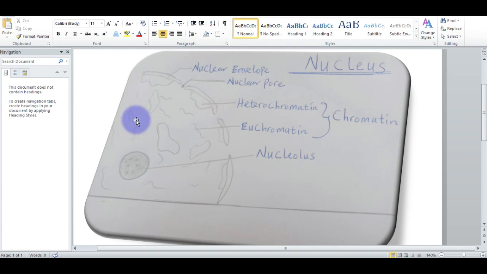Also, inside this structure we have what is called the chromatin. This chromatin is made up of heterochromatin and euchromatin. That is euchromatin and heterochromatin that constitute what is called the chromatin. Now, we have seen the structure of the nucleolus inside the nucleus, and you can see that it is surrounded by structures such as the nuclear pore and the nuclear envelope.